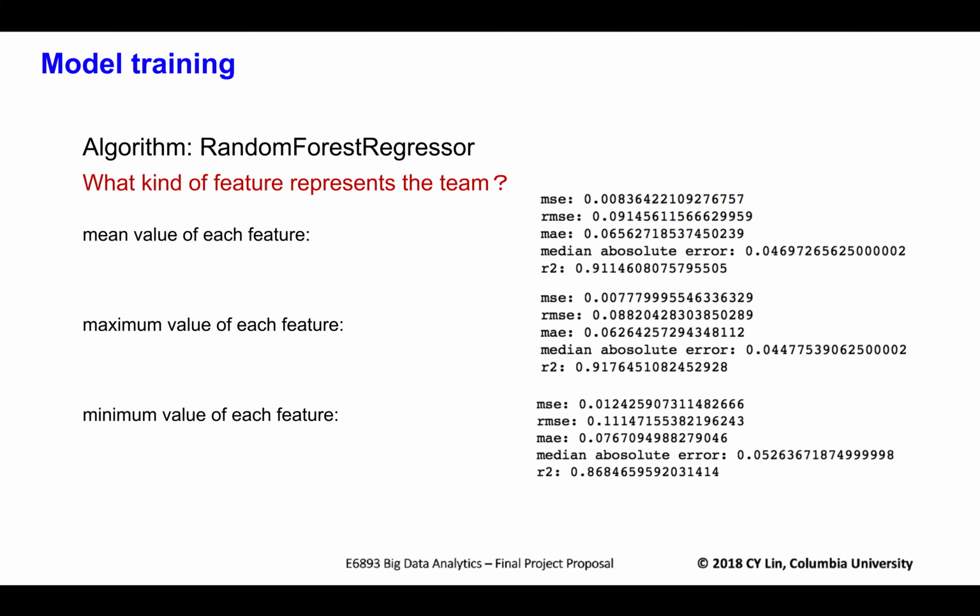After constructing the three models respectively, we got the best result when we use the maximum value of each feature. From the result, you can see that the regression evaluation indicator is the best when using the maximum value. So we use the max model.